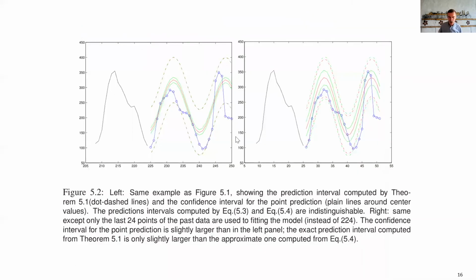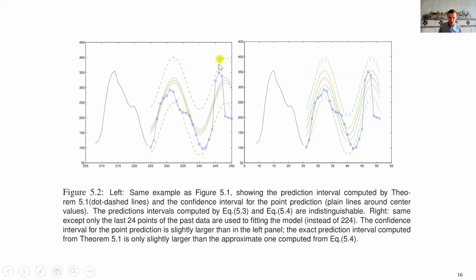So I did this for my example here. On the left, I'm showing the dot-dashed lines, which are the uncertainty bounds, in green and red, when we apply this formula.